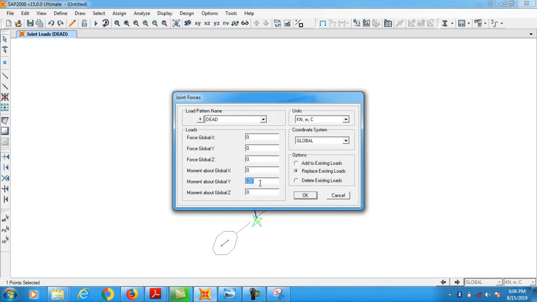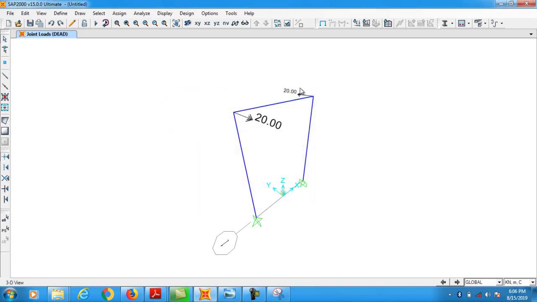The joint moment at this time is 20, just only 20, because it is clockwise, and you can use this option as well as this option. That direction is basically showing the positive direction, or you can say clockwise moment, and this one is the sign of negative moment, or you can say anti-clockwise moment. So the job is done.